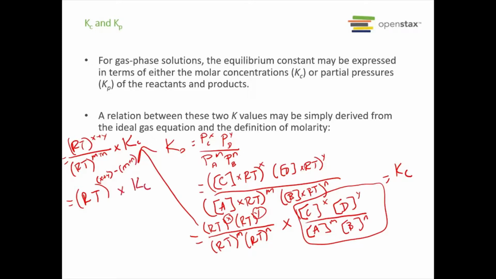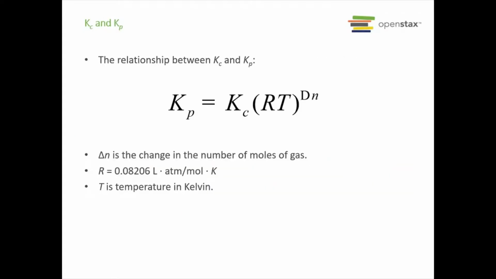times Kc. And this is a change in exponents, so we can just call this delta n or delta whatever variable you want to use. So this simplifies down to Kc RT to the delta n. So just to give you the simplified equation, this is really all you need to know.